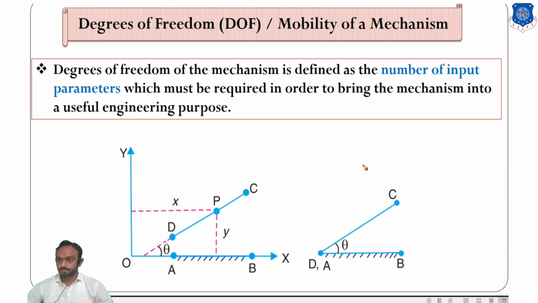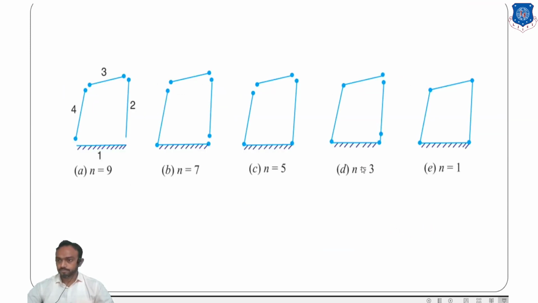So we connect different links to make a chain, and from the chain we fix one link and make the mechanism. There are 4 links, and you can see one link is fixed. This fixed link's degree of freedom will be 0.